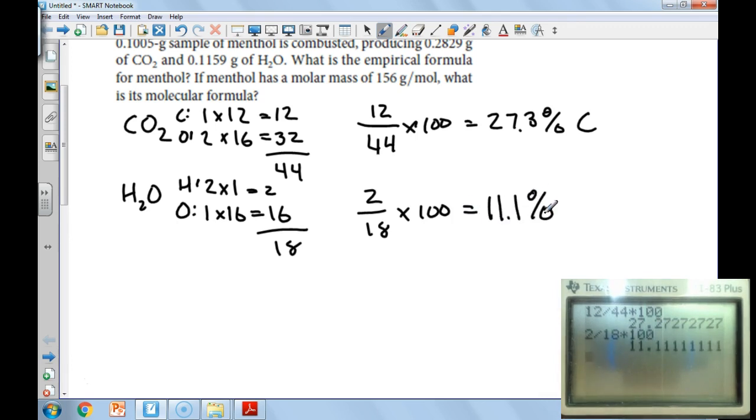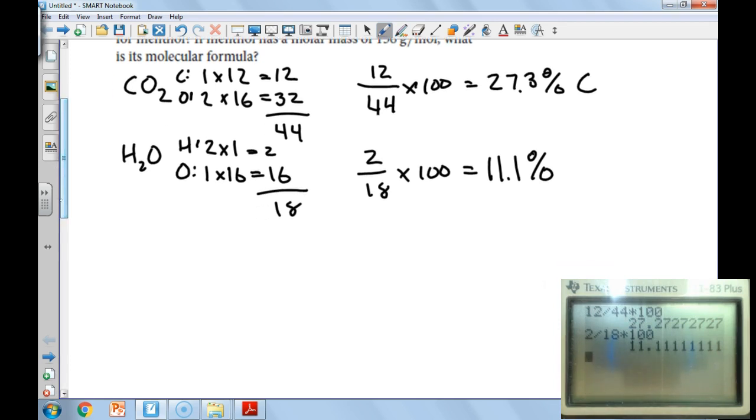So those are the percentages we're going to use. Based on how much carbon dioxide and how much water we have, we can now figure out how much carbon and hydrogen we have, respectively.